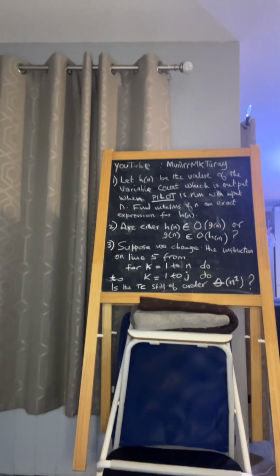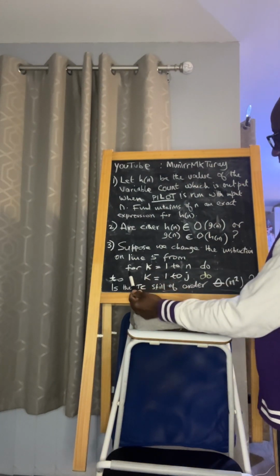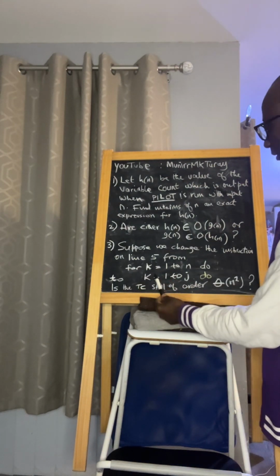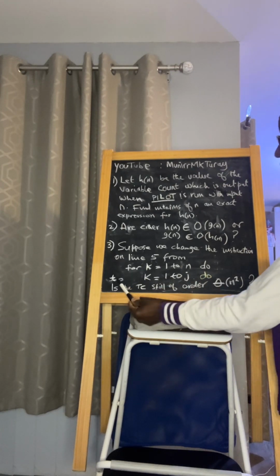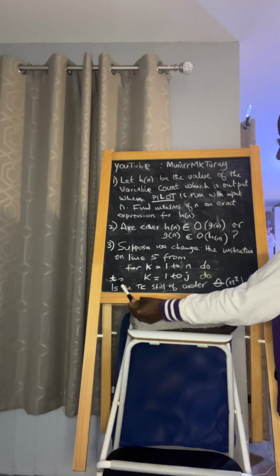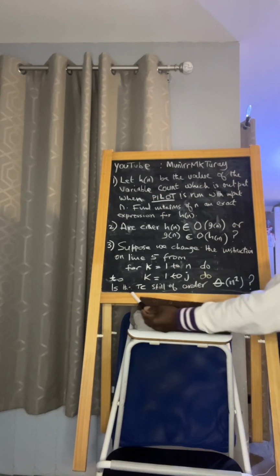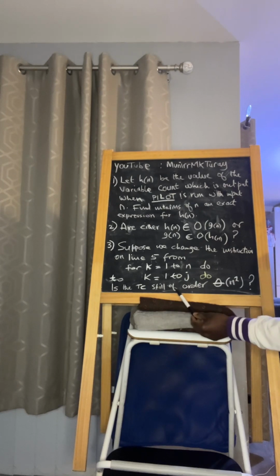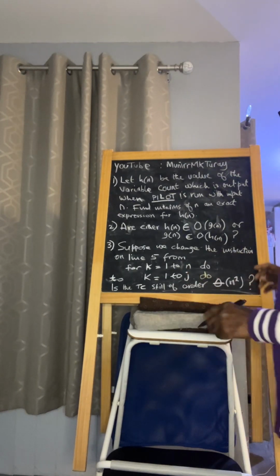On line 5, suppose they change the instruction from k equals 1 to n do, to k equals 1 to j do. Is the time complexity still of order theta n squared? So let's see how we go about these problems.